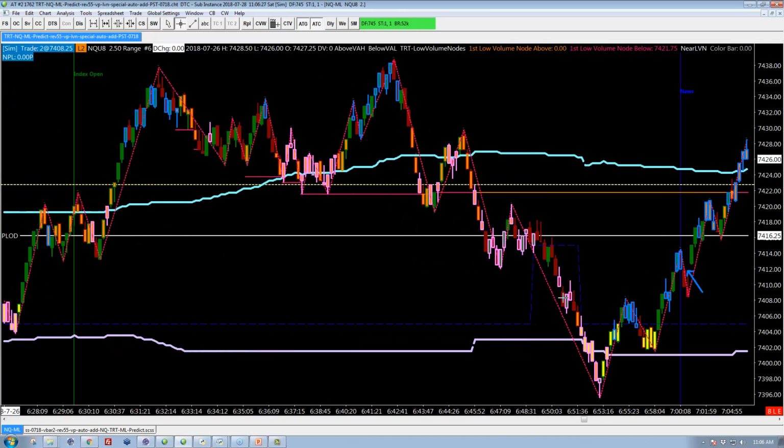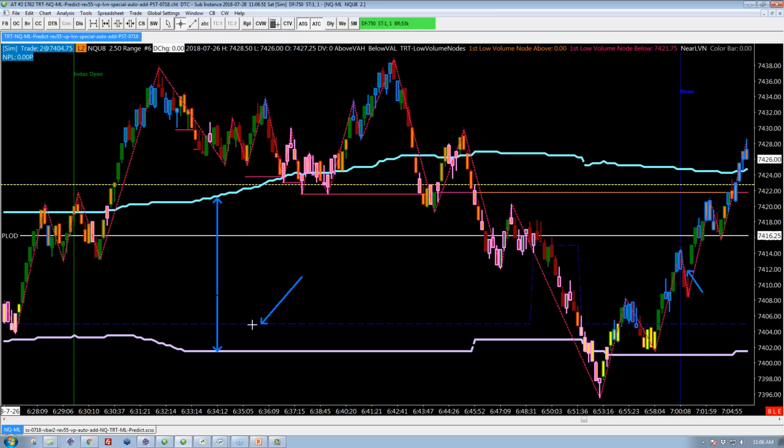As the volume profile builds, these lines here are the value area high and the value area low. So 70% of the trading has occurred between these two areas. The blue line is the price level at which the most trading has occurred.